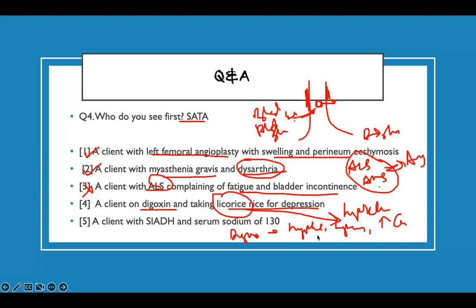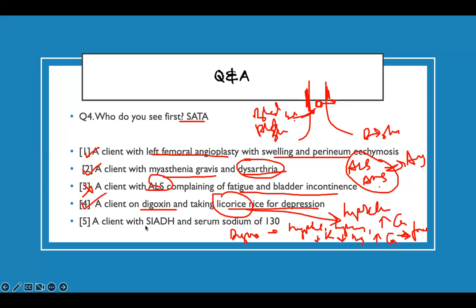So low potassium, low magnesium, high calcium. This will make digoxin toxic. Therefore, this patient, I'm seeing, it's not good.